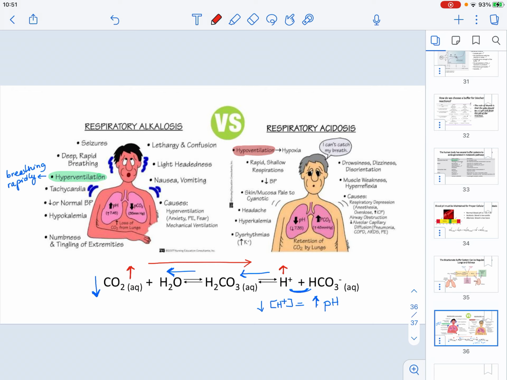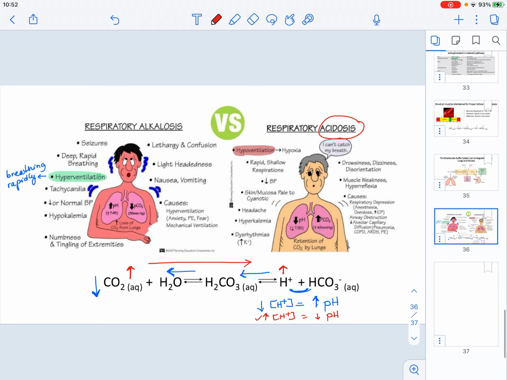So in the process of respiratory acidosis, because of the accumulation of CO2, we're going to see an increase in the concentration of H plus, and the condition is called acidosis because overall we see a decrease in the value of pH because of the increase in the concentration of H plus. And this concludes all the topics from chapter 2.